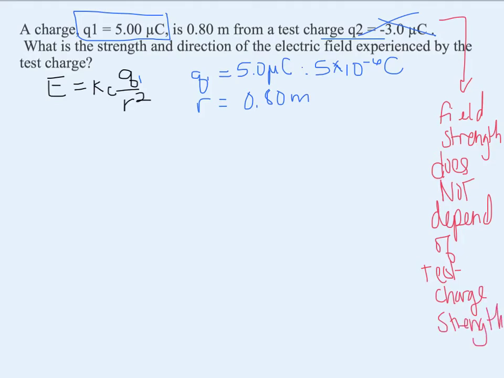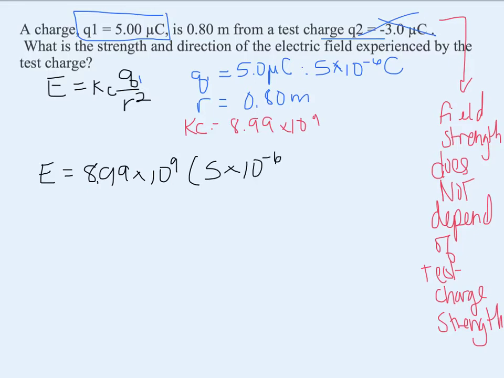Okay, so going back to our calculations now, we should remember from before, hopefully, that our Coulomb's constant is 8.99 times 10 to the 9th. Now we have all the information to calculate the strength of our field. So plugging everything in, E equals 8.99 times 10 to the 9th times our charge, which is 5 microcoulombs, so 5 times 10 to the negative 6th coulombs, divided by our distance squared, so 0.8 meters squared.